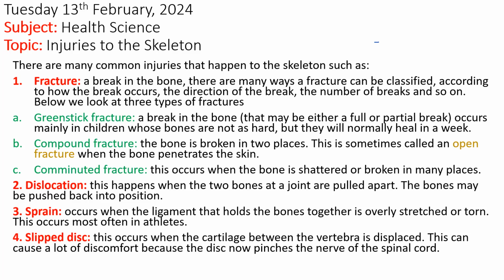I need someone else to read dislocation. Go ahead, Brené. Dislocation. This happens when the two bones at a joint are pulled apart. The bones may be pushed back into position. Very good.